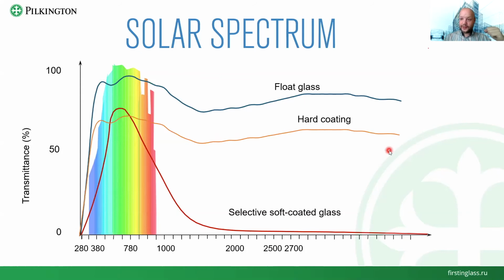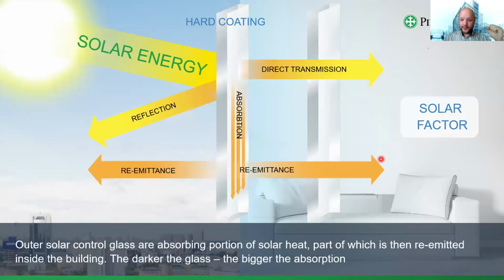Let us watch a little bit more how this performs. Let's say we have an IG unit with the hard coating as the outer glass and normal float as the inner one. So some portion of solar energy comes directly through the glass, it's direct transmission.